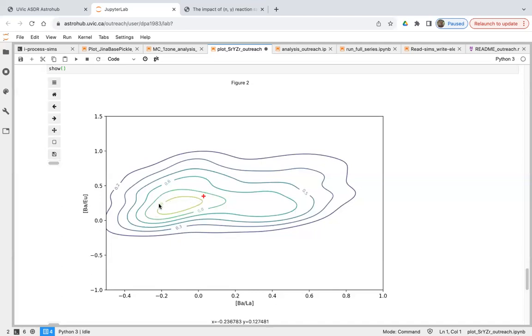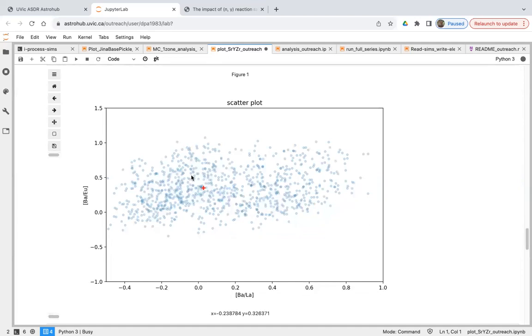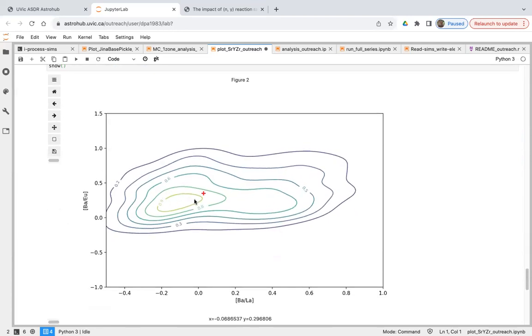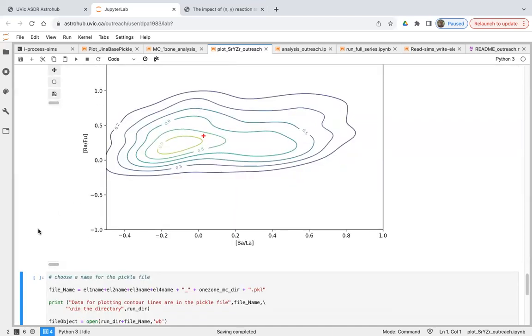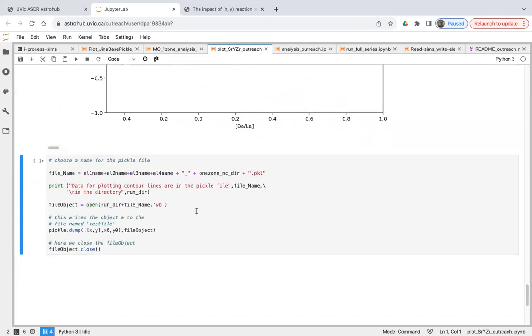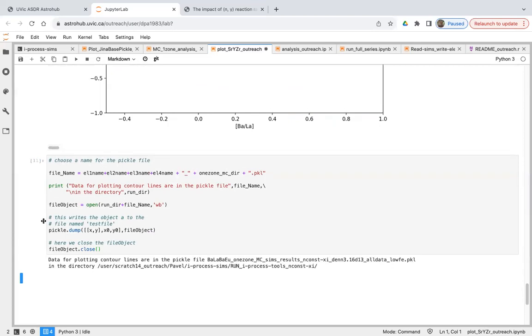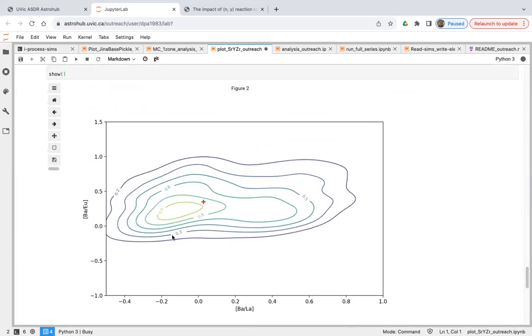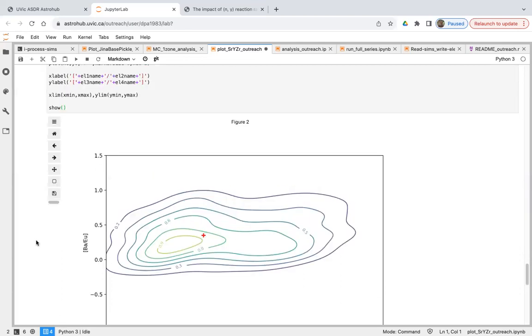You can see this light green contour has a probability of 90%, which means that 90% of the points are located inside this region, then 60%, and so on up to 20%. Now we need to save these contour lines in a pickle file. This is done in the last cell here. Now we save them, and we can use this pickle file to plot these contour lines in other notebooks.